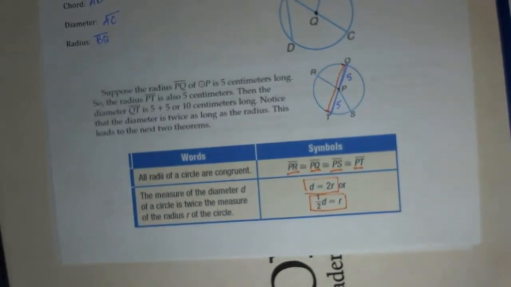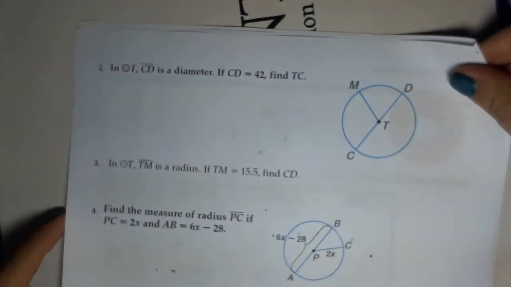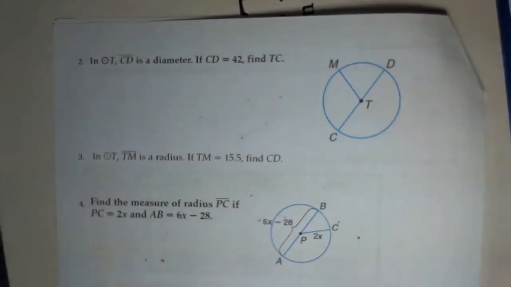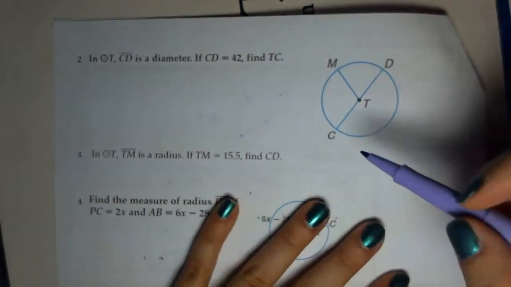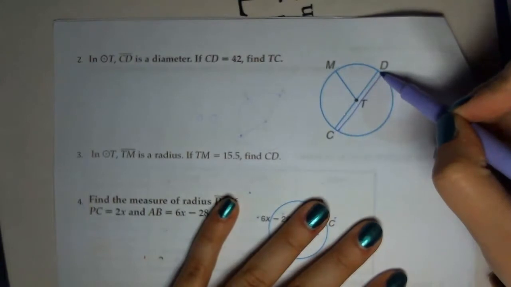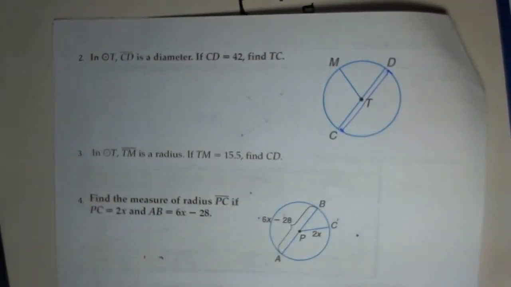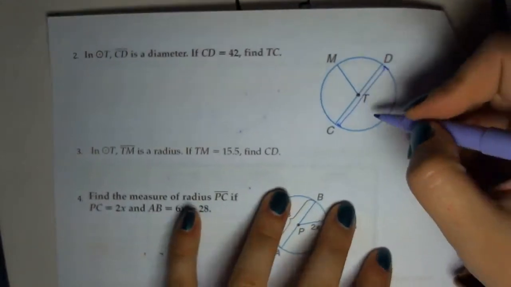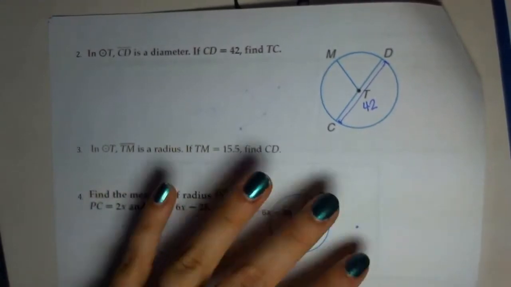Okay. Now we're going to turn the page. Okay. In circle T, CD is a diameter or 2 radii. If CD is 42, this whole thing, find TC.